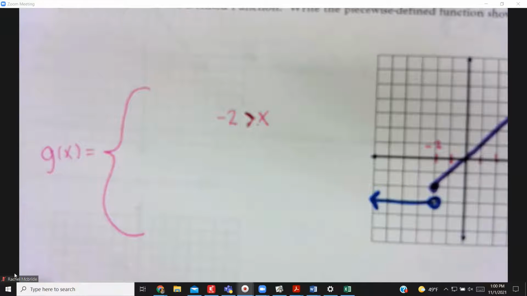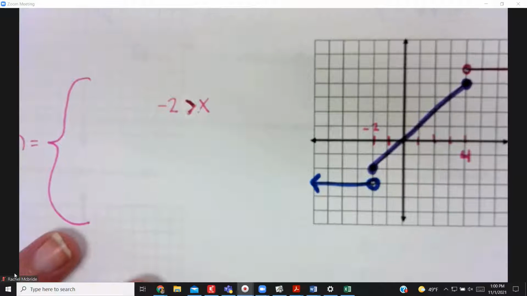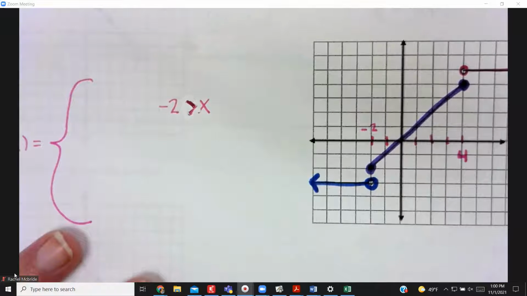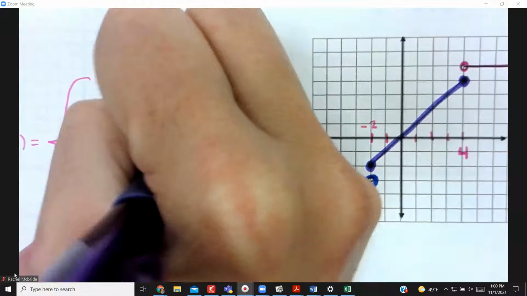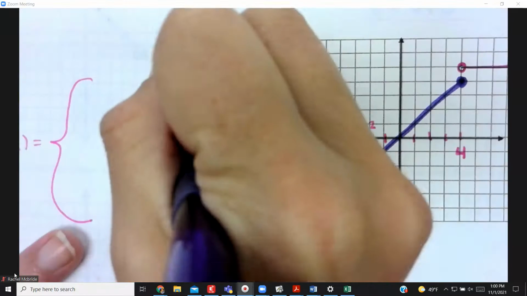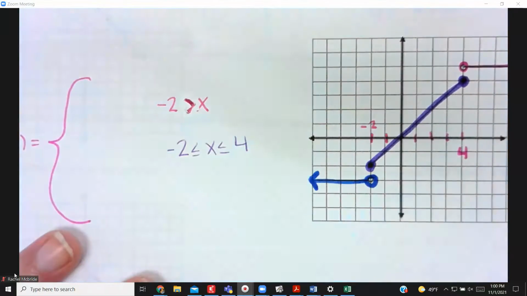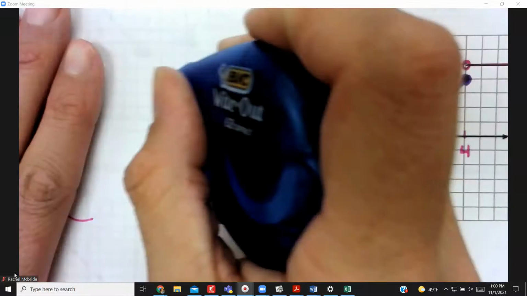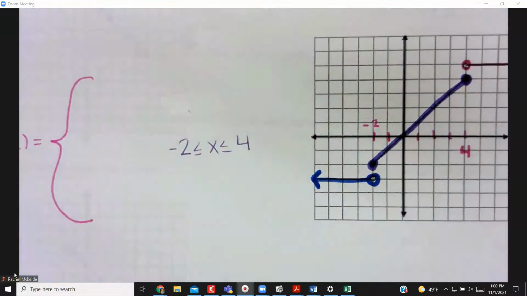And then in the middle, it's negative 2 to 4. And both are closed, so both are equal to.